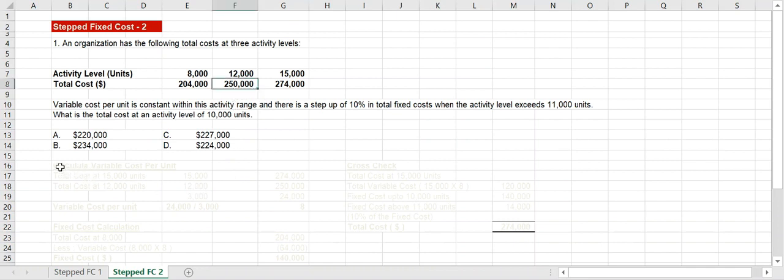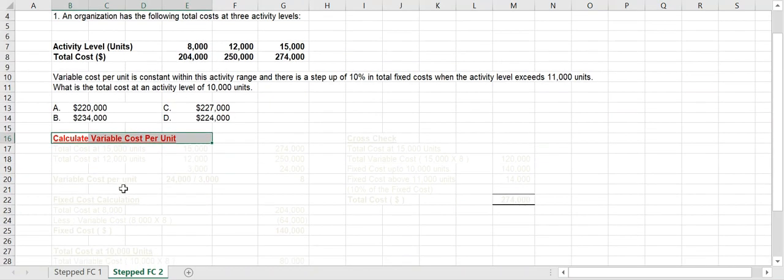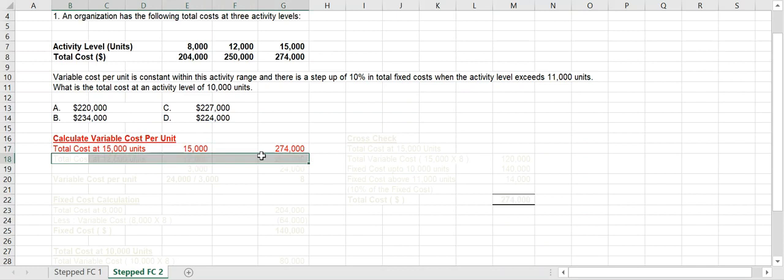So let's calculate this. First and foremost, we have to calculate variable cost per unit. I will take the cost at 15,000 units, which is $274,000. Then I will subtract the cost at 12,000, which is 250,000.